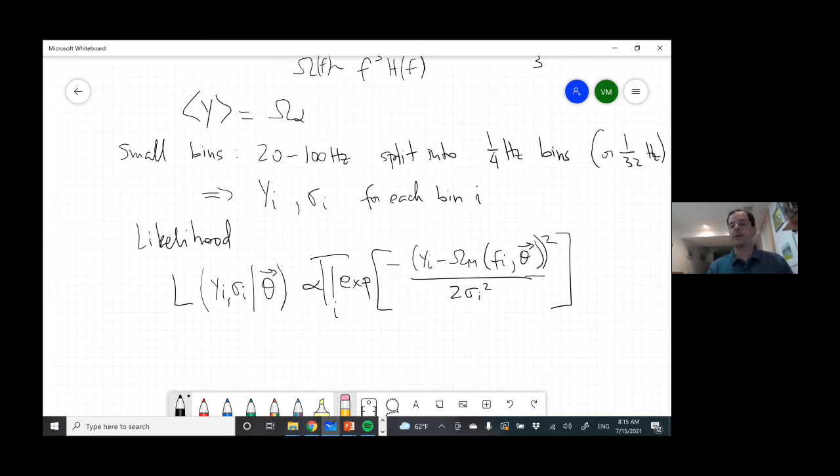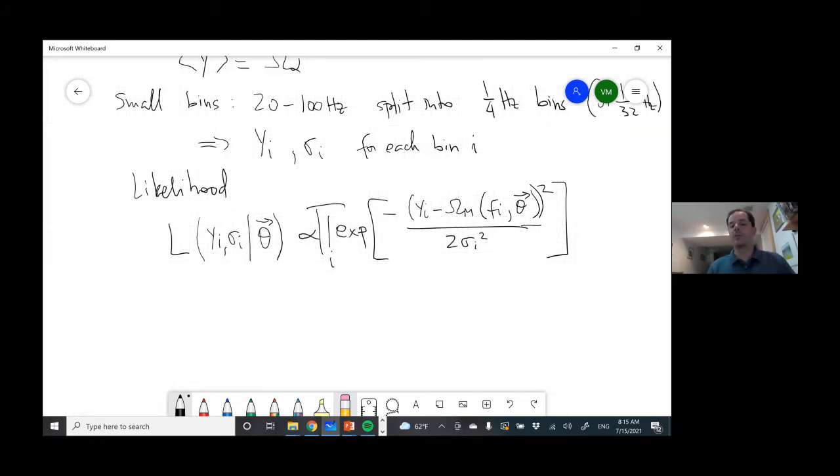So this would be the likelihood function, and of course, if we choose the parameters theta such that the prediction omega m is close to the y_i's, then the numerator here will be relatively small, and therefore the whole likelihood function would be relatively large, because we are raising the exponential to a negative small number.